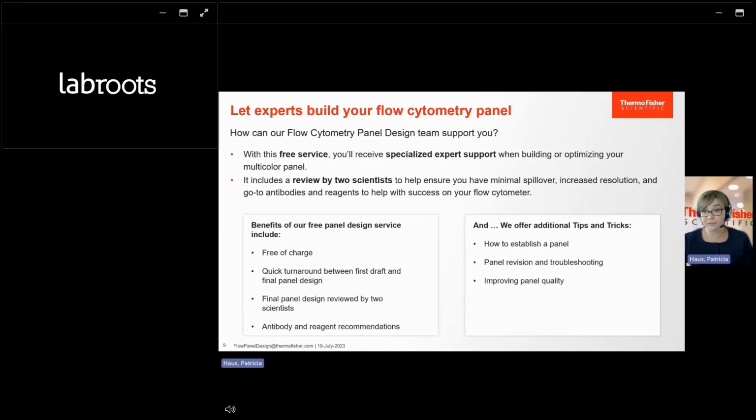At least 2 scientists will have a look over your panel to ensure that we have the best quality. But please consider that even with all of our knowledge, those are theoretically planned and designed panels, and they might require some improvements. This is the reason why we don't stop after the panel design itself.